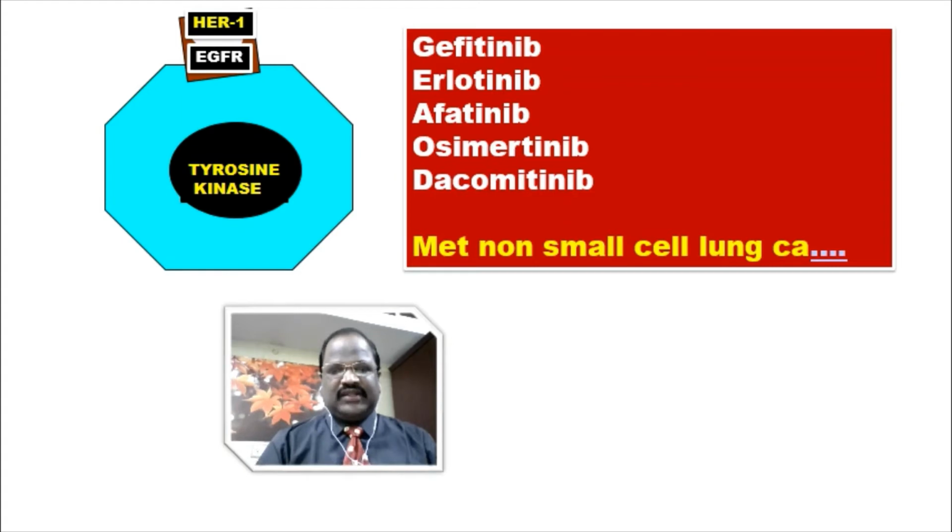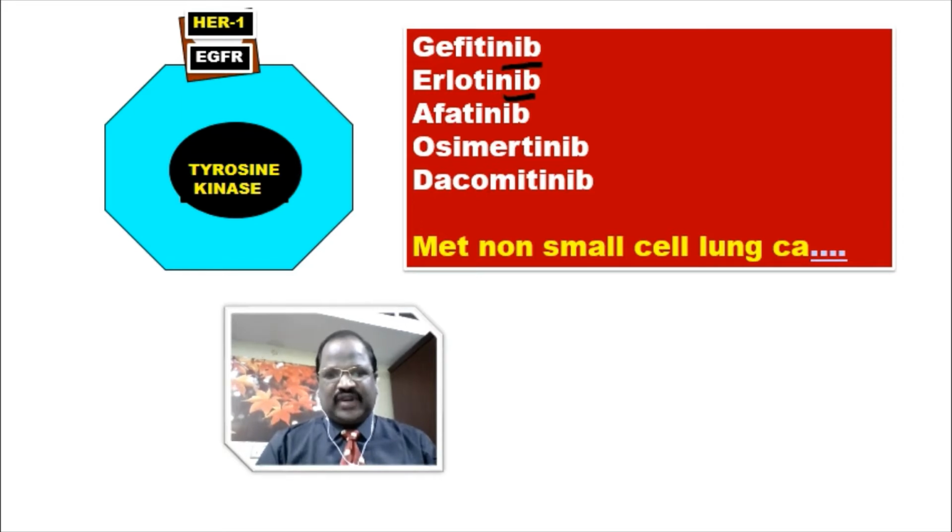Remember, all the tyrosine kinase enzyme inhibitor names end with a suffix called NIB. For example, gefitinib, erlotinib. Like that, the name will be ending with a suffix called NIB. The first MCQ question, all these EGFR blocking tyrosine kinase inhibitors are approved for treatment of metastatic non-small cell lung cancer.